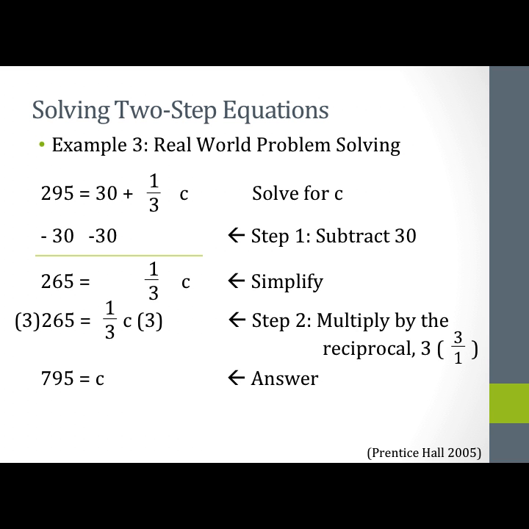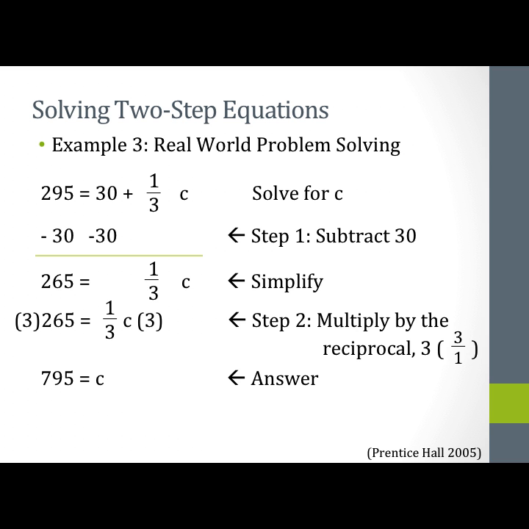All right, now what are we going to do? Well, the next step is to get C all by itself. Normally, what this is saying is 1/3 times C, so technically it's using multiplication. But if you remember, when we're dealing with fractions, you can multiply by the reciprocal. The reciprocal of 1/3, just flip the fraction, becomes 3.